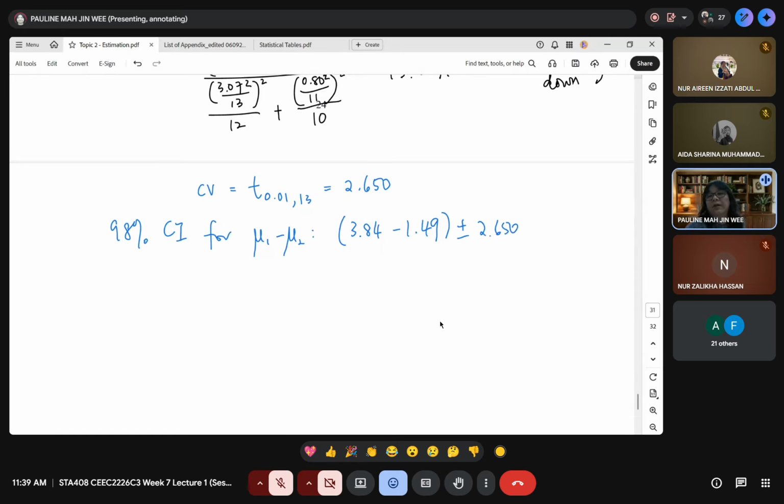Since the variances are assumed unequal, we only have one formula here, which is 3.07 squared over 13 plus 0.80 squared over 11. Okay, let's look at this interval now.